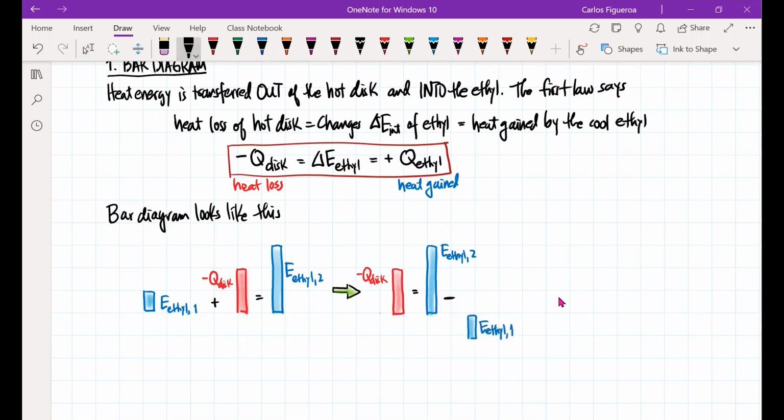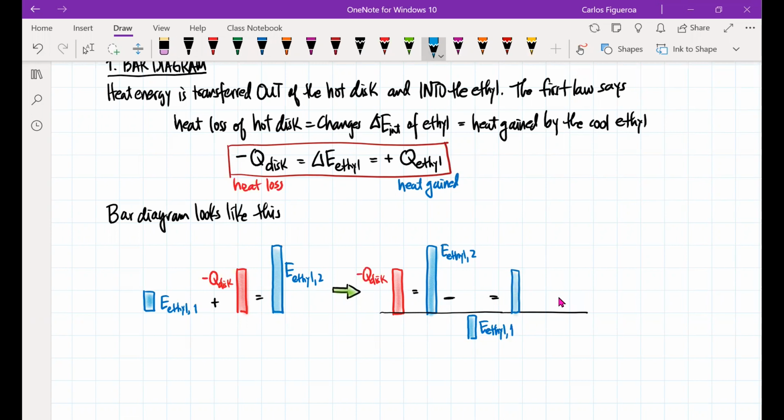So what you're seeing in this plot is that this right here now equals the change in internal energy of the alcohol.